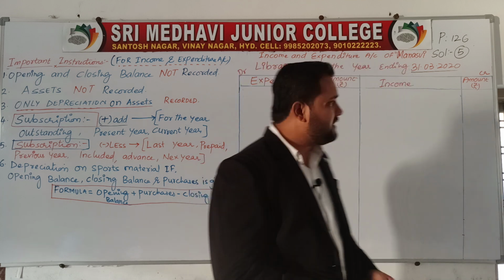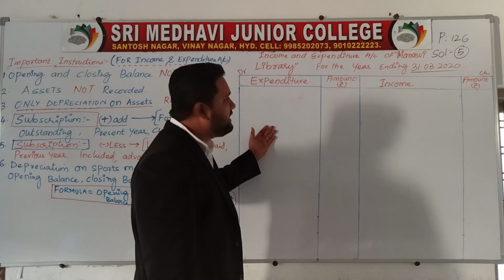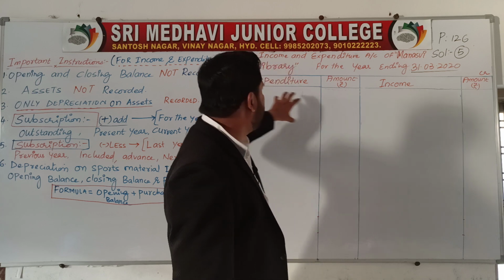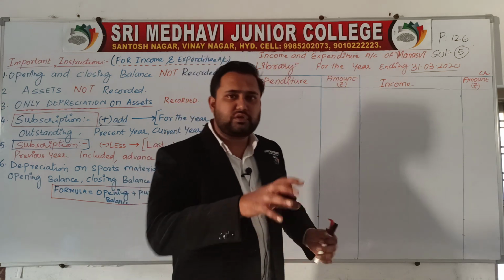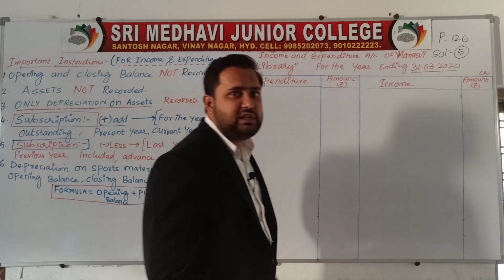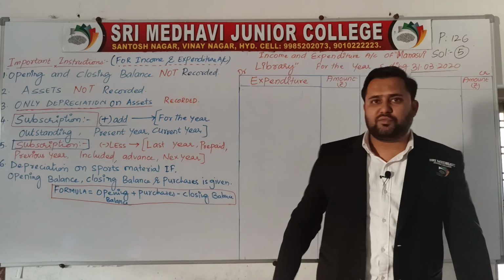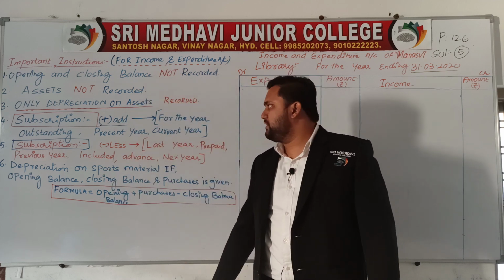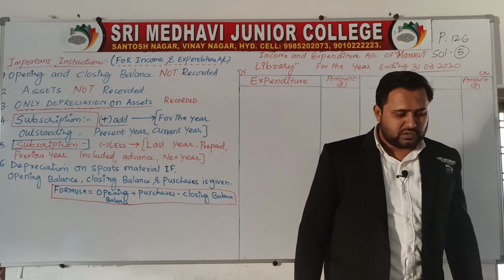All the payments come under the expenditure side, all the receipts come under the income side. So we'll start from payments. All the payments of the question we have to extract and write over here in expenditure. But before solving the problem, we have to keep in mind all the instructions which I have already given you.